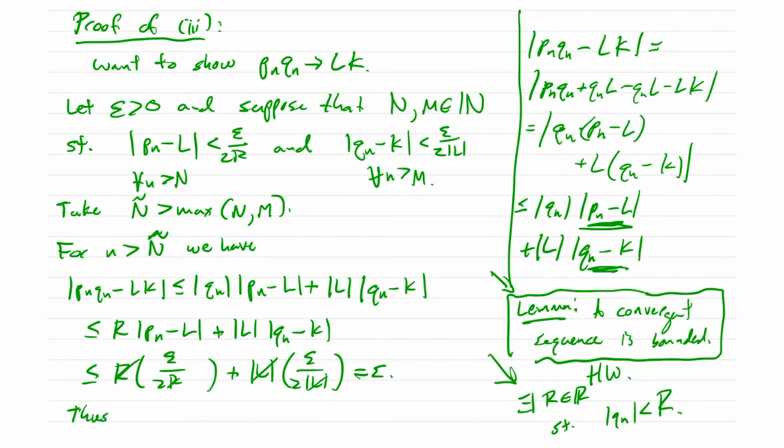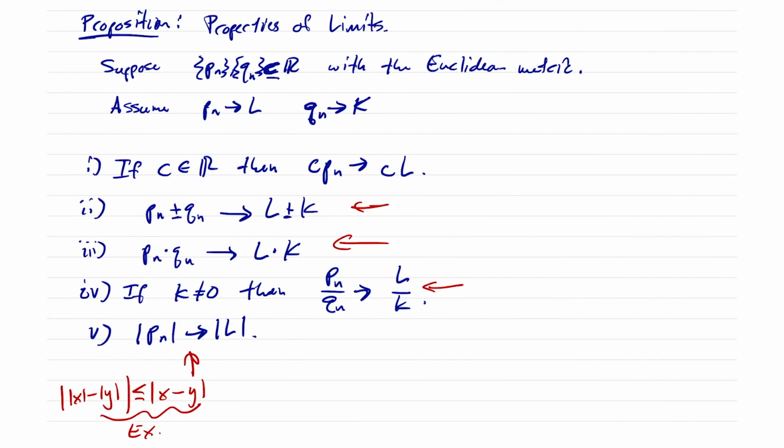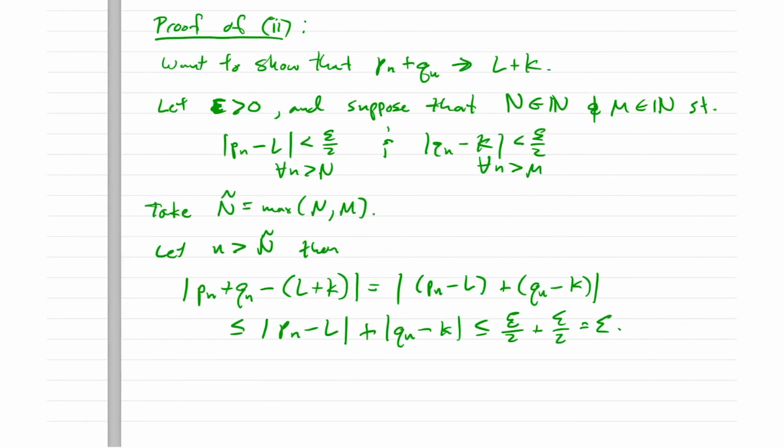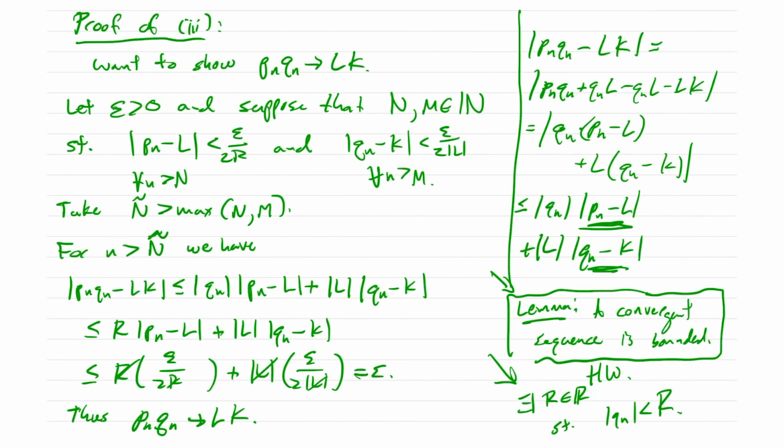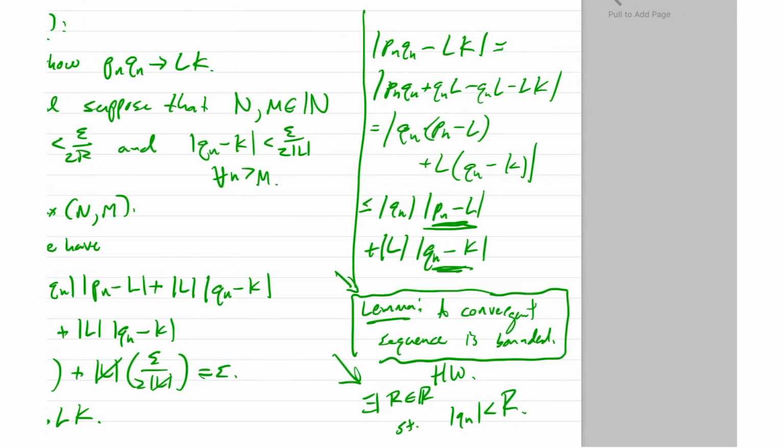So thus, Pn times Qn converges to L times K. And I think for the interest of time, I'm going to leave this one as an exercise as well. Those would be good to get your feet wet as far as convergence goes.